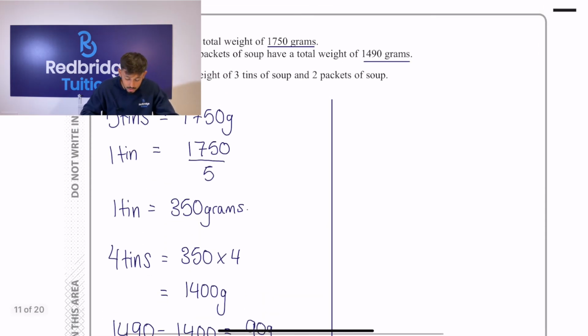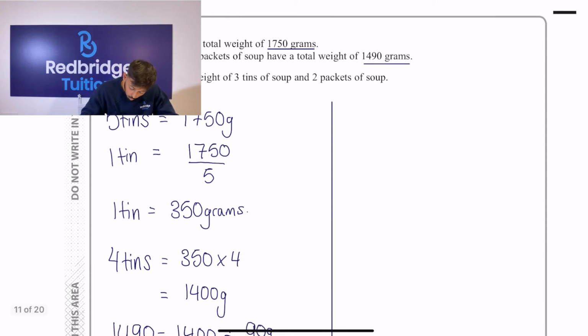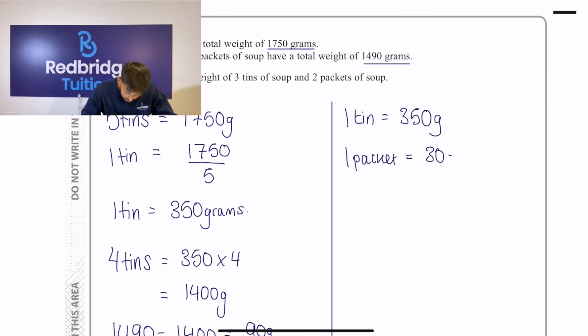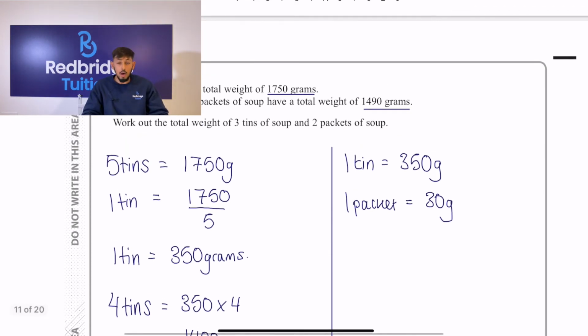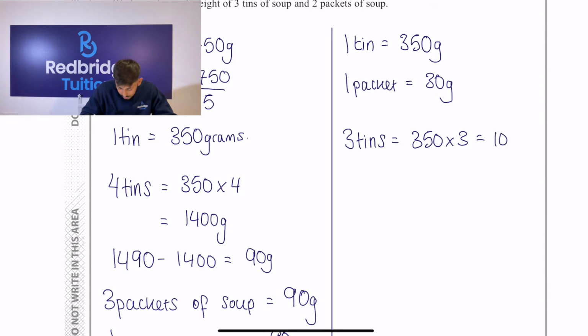The key bits of information that we've worked out are that 1 tin weighs a total of 350 grams and 1 packet is 30 grams. Okay, now our question is to work out the total weight of 3 tins of soup and 2 packets of soup. So, working out 3 tins, we would do 350 times 3, which is equal to 1,050 grams.